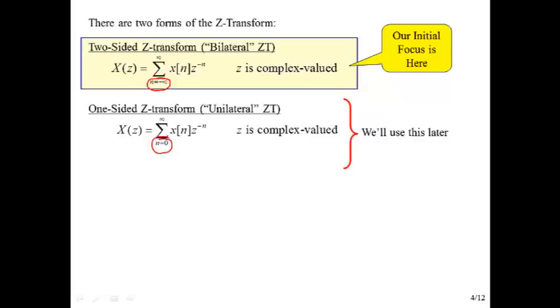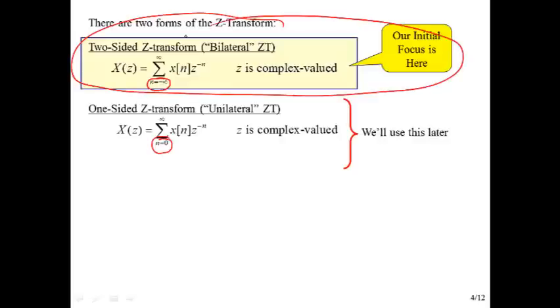So for right now, we'll focus on this and continue our idea of systems that don't have any initial conditions and signals that could have been running essentially forever or for a very, very long time.